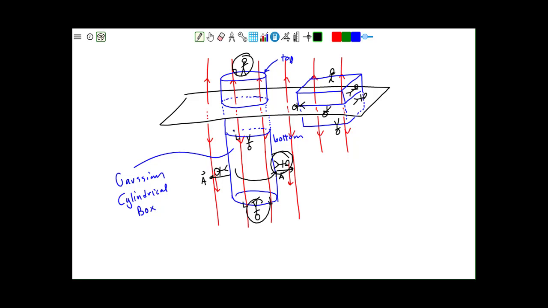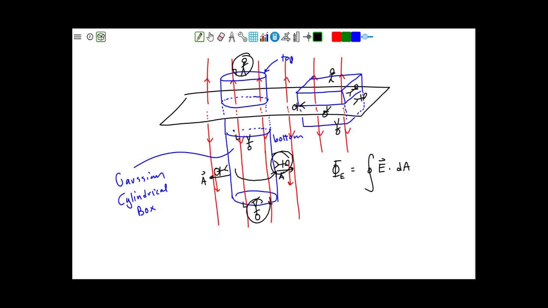We're going to use Gaussian surfaces to help us determine the electric flux through closed surfaces that have some form of symmetry.